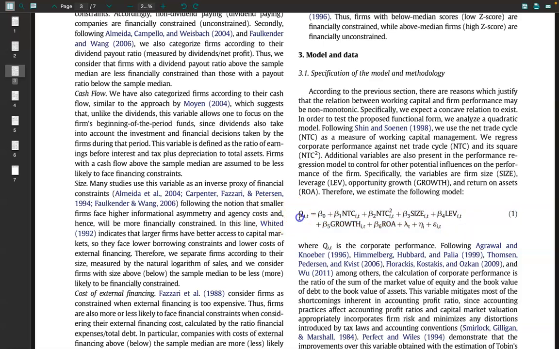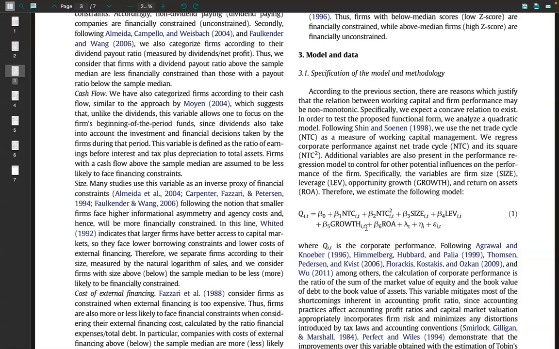It says Q_it equals beta 0 plus beta 1 multiplied by NTC at the associated time and for the firm, and NTC squared, followed by size, leverage, growth, and ROA.